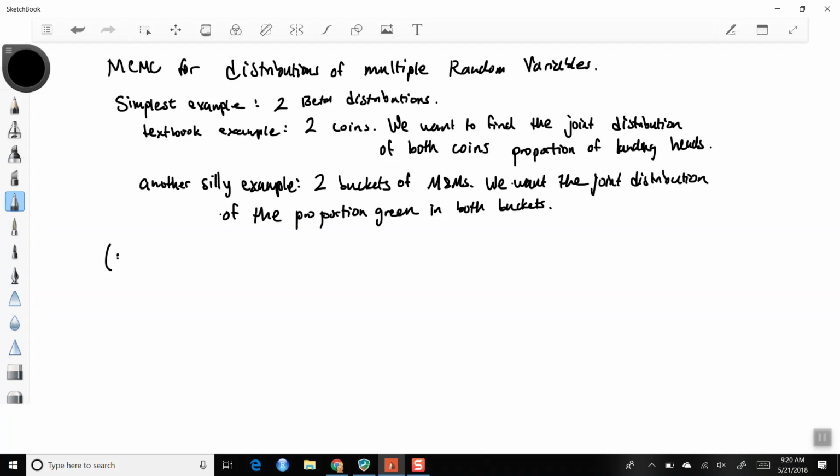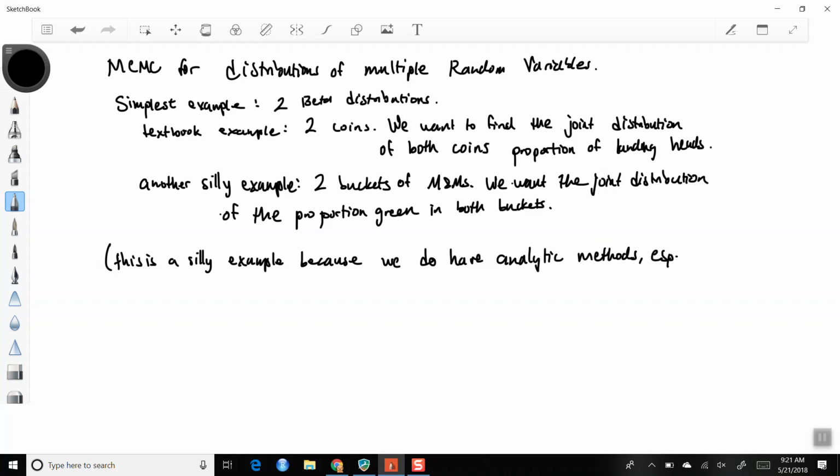So this is a silly example because we do have analytic methods, especially because the coins or buckets are independent, and thus the joint distribution is a pure product.